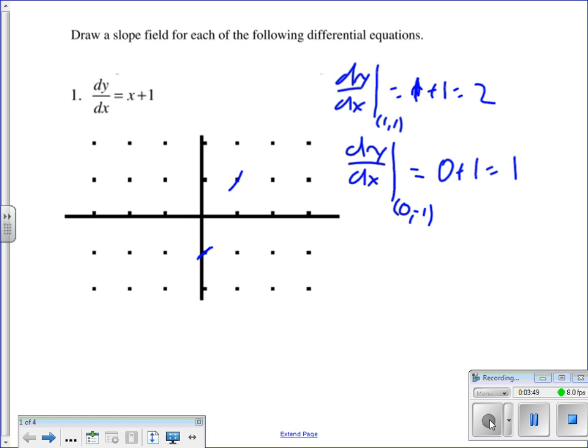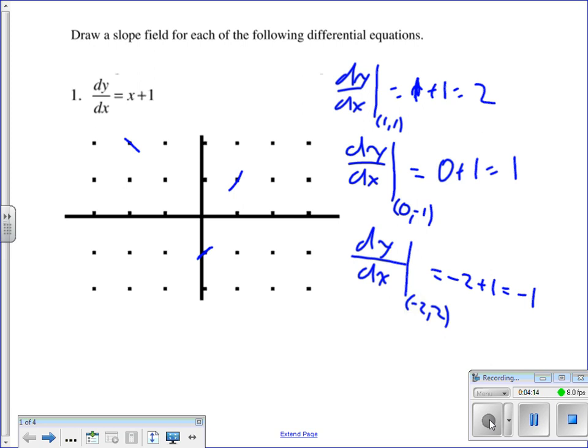I can do this, and you kind of need to do it for every single coordinate. Let's say (-2, 2). Which is -2 plus 1, or -1. So at the coordinate (-2, 2), right here, I have a slope of -1.